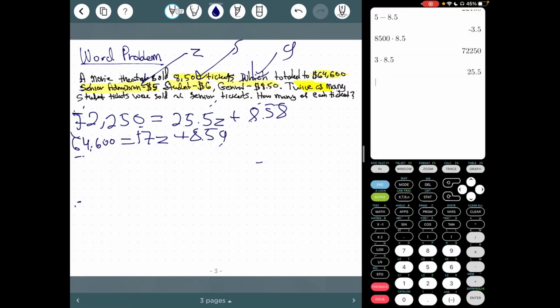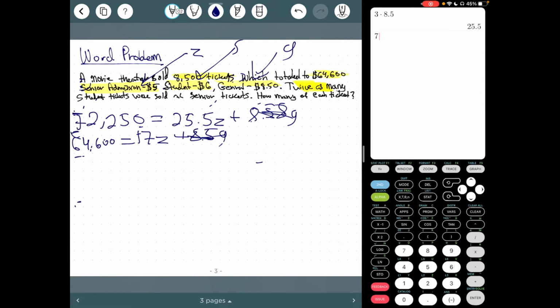Okay, so now what we can do is subtract these two to eliminate the g variable. So these two will be eliminated because 8.5 minus 8.5 would just equal 0.